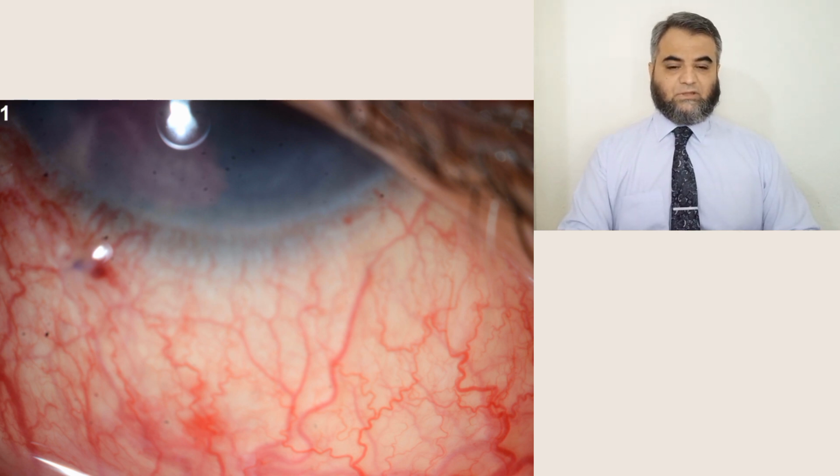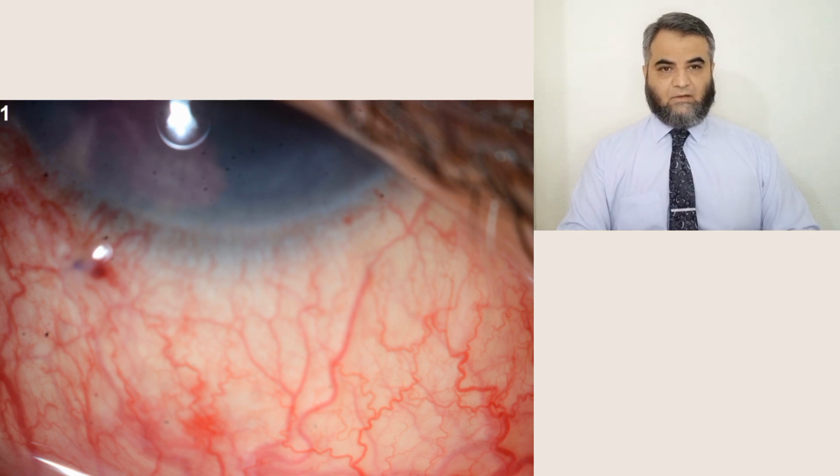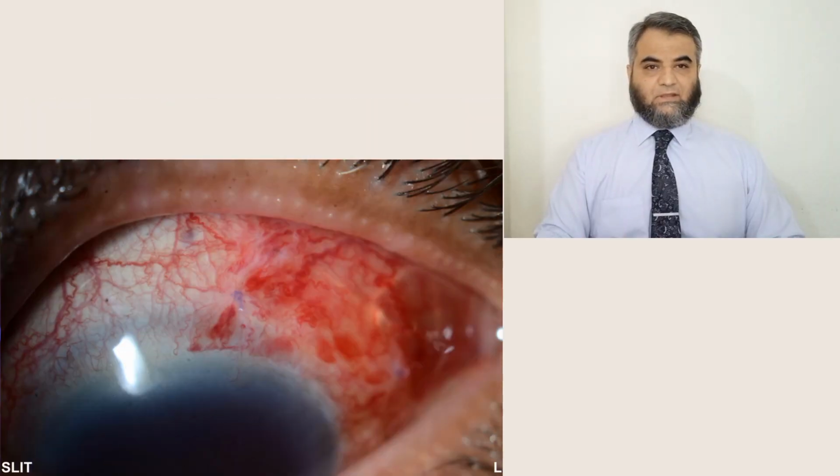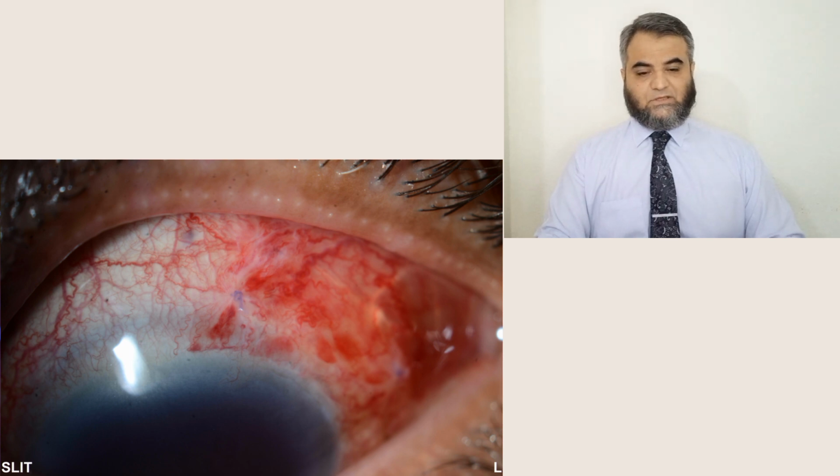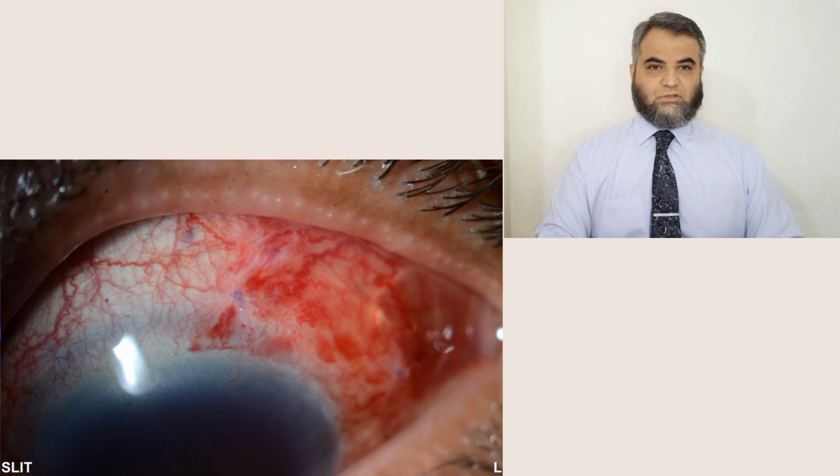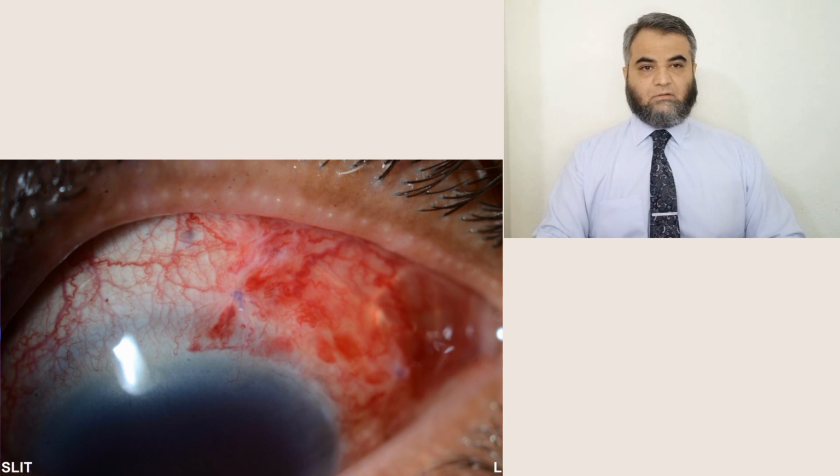The half view is being shown in this photograph. This is the superior part of the photograph. Again, bulbar conjunctival congestion, Vicryl sutures to close the peritomy, subconjunctival sutures can also be appreciated.